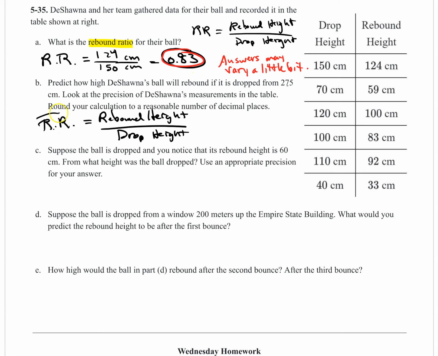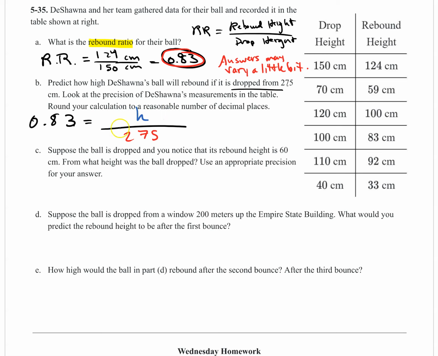It's 0.83. So we can replace that with 0.83. They give us a drop height, so we know what the drop height is. We can erase the drop height and replace it with 275. So now we have a little equation here. We want the rebound height, and I'm just going to call that h.